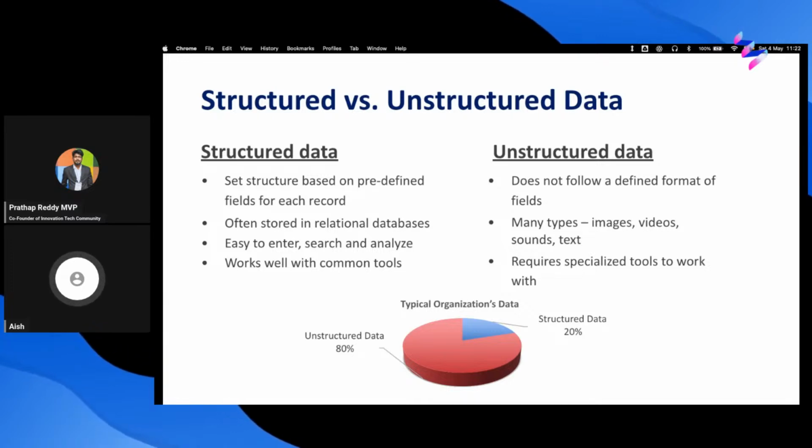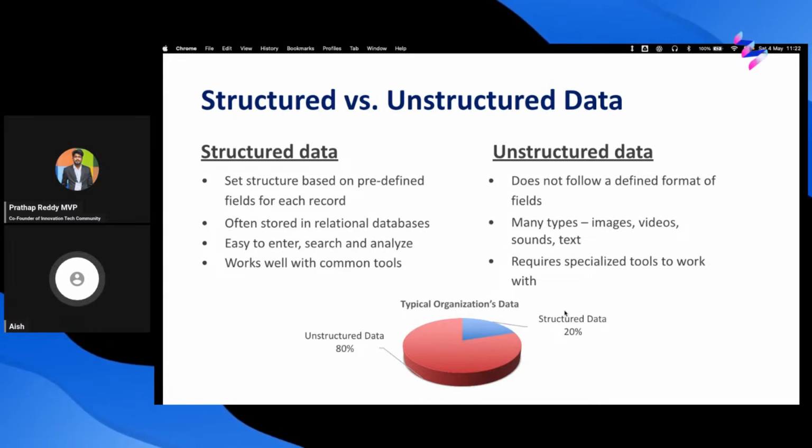And if you take a look at this pie chart over here, you will see that if you are working in a typical startup, for example, or in Meta, for example, or Google, then 80% of the data is unstructured, whereas only 20% is structured.